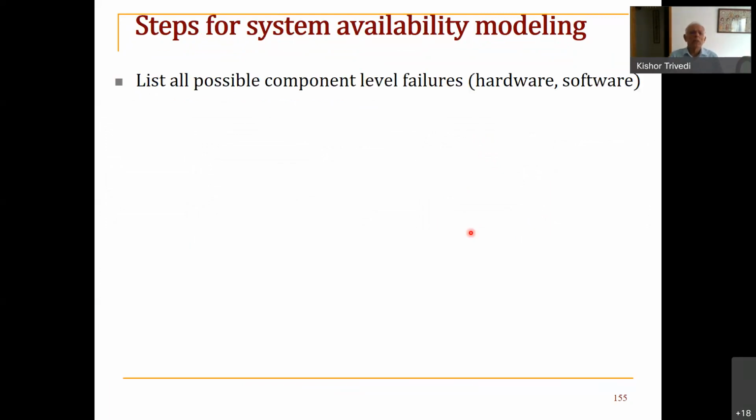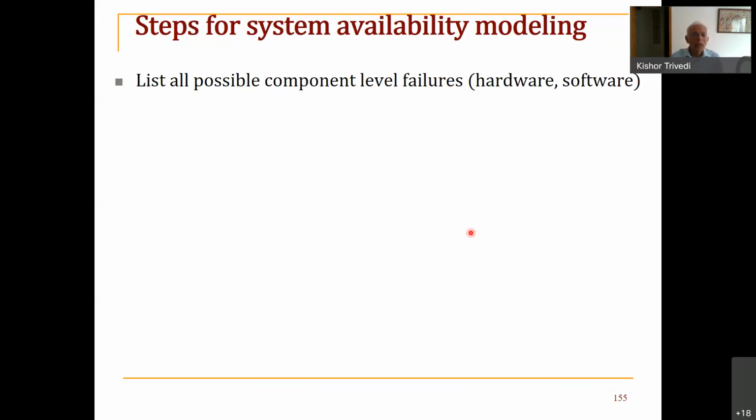So in general, now returning in general, what have we been doing? Steps for solving system availability and reliability models. We have to list all possible component level failures. Many times, sometimes we unnecessarily approximate and not consider some components having failed. Maybe your model is then as useless as your assumptions.